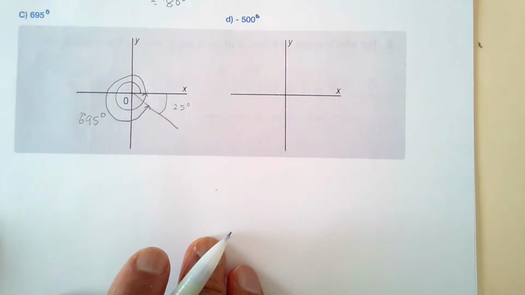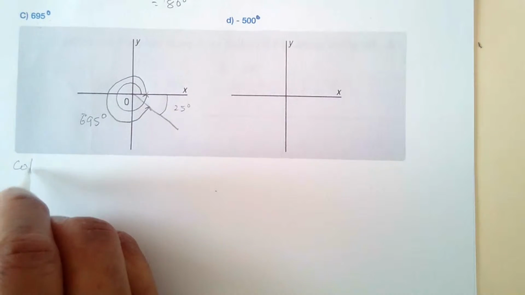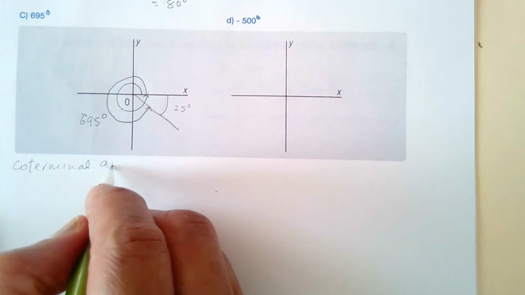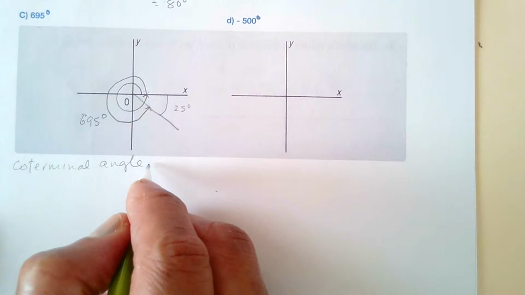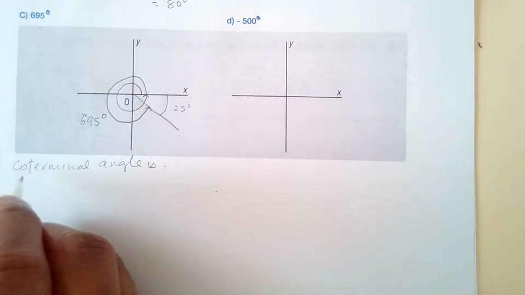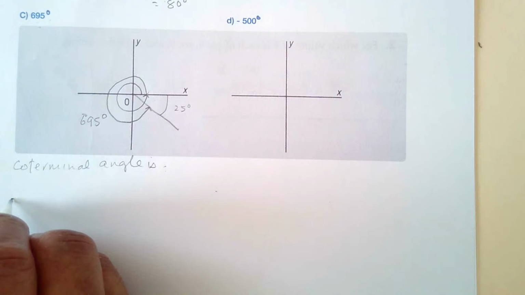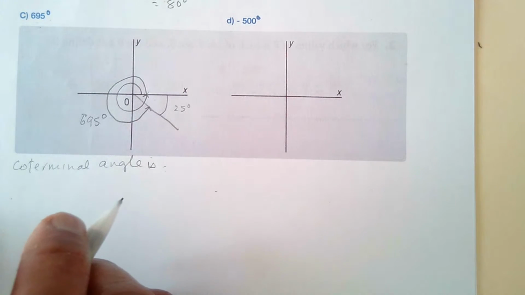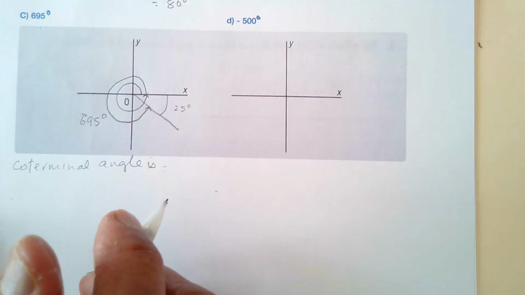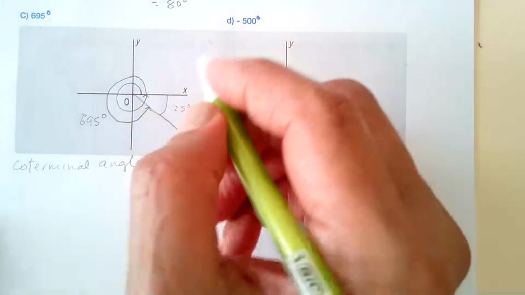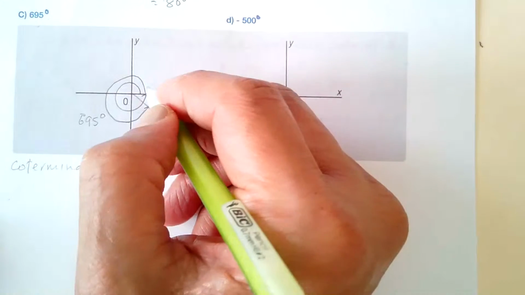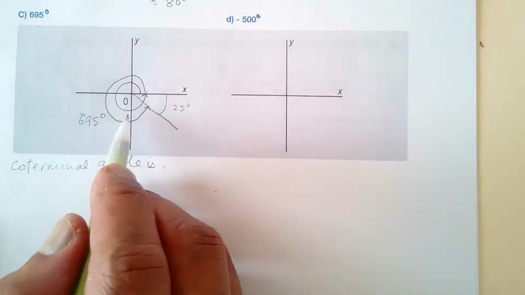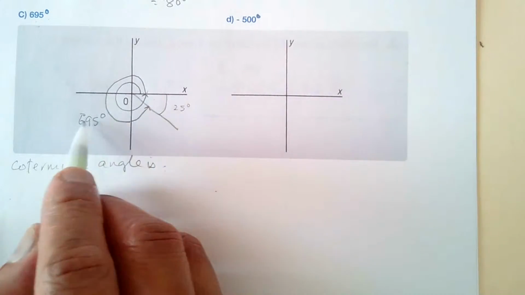Okay. So let's look at the coterminal angle. If we go all around here, it is 2 times 360.